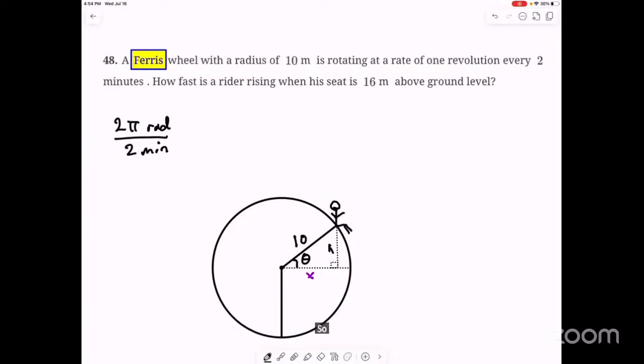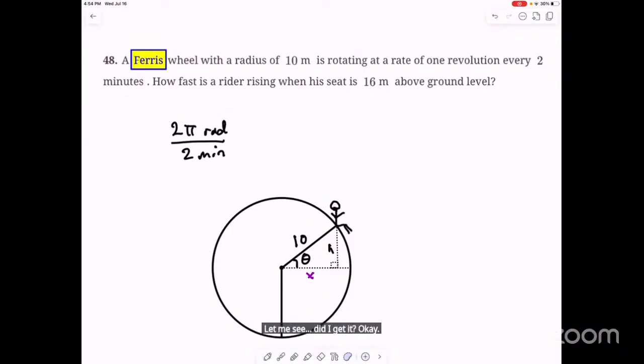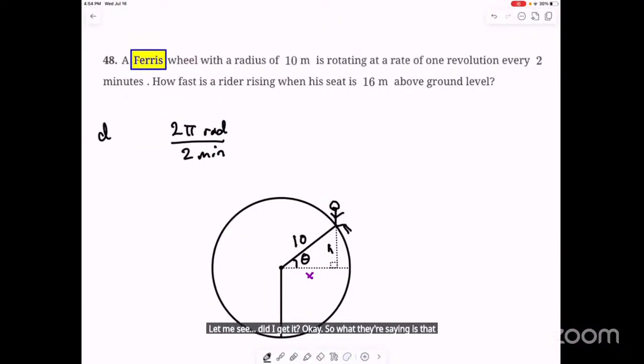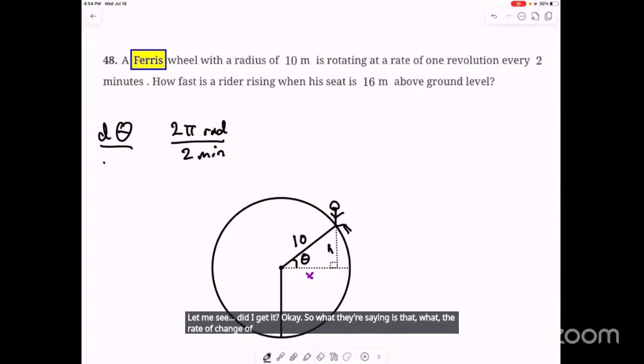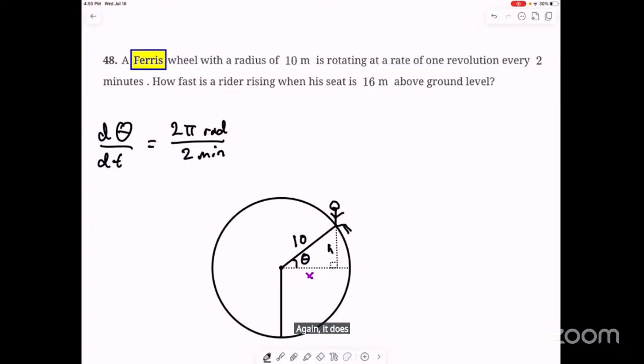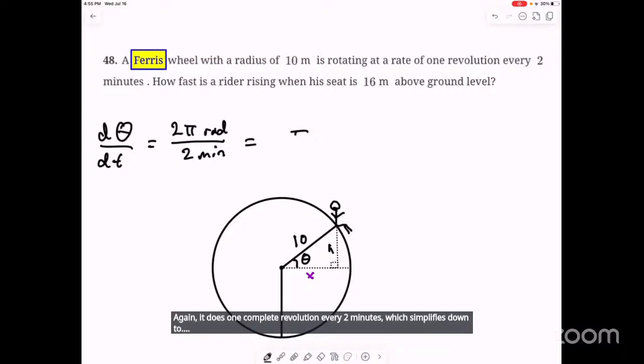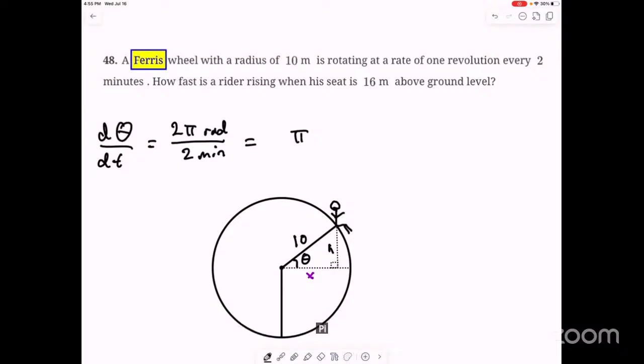If we simplify this down, the rate of change of theta with respect to time is pi radians every minute.